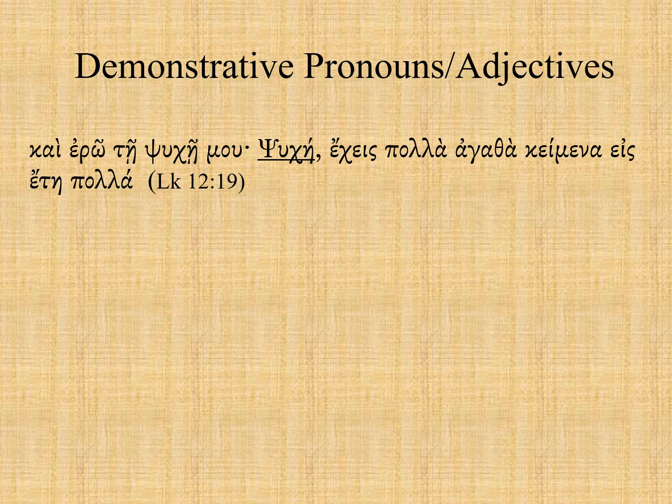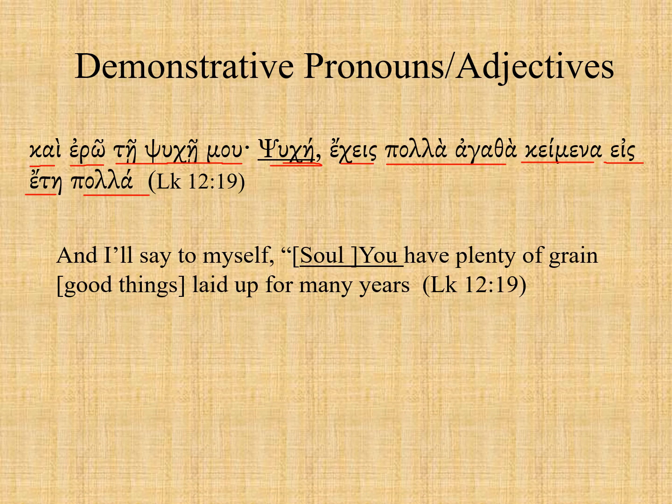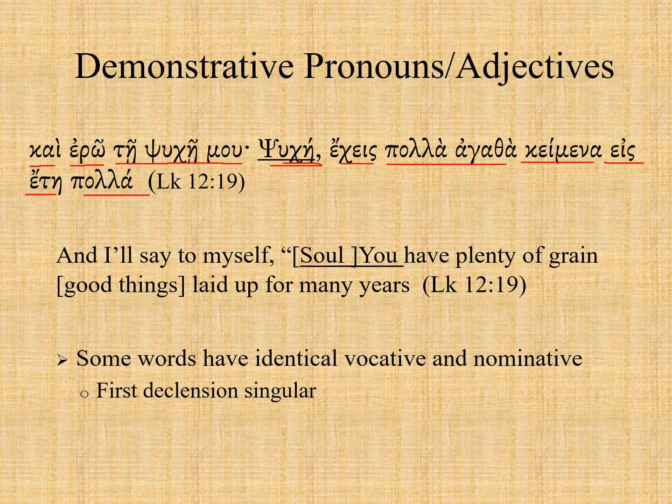So this is from the parable of the rich fool, and I will say to my soul, soul, you have many good things laid up for many years. So I'll say to myself, soul, you have plenty of good things laid up for many years. So some words have identical vocative and nominative, especially first declension singular, but there are some others as well.